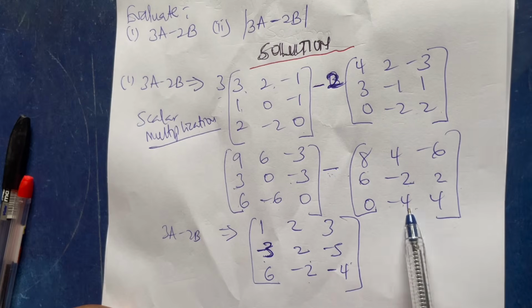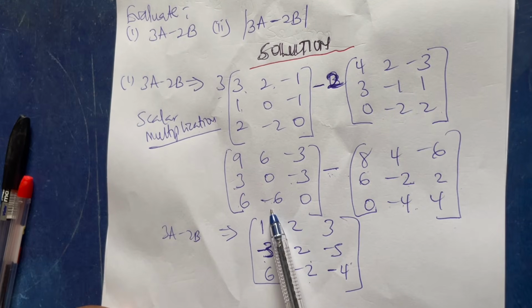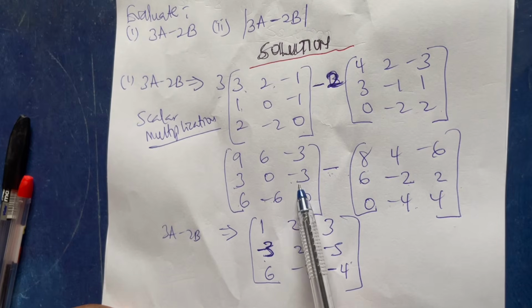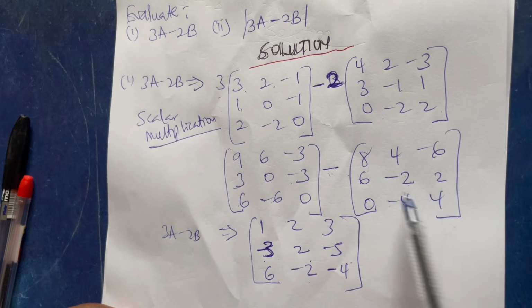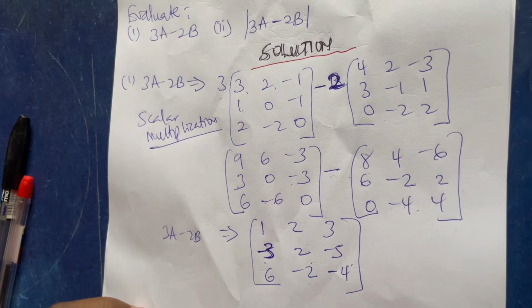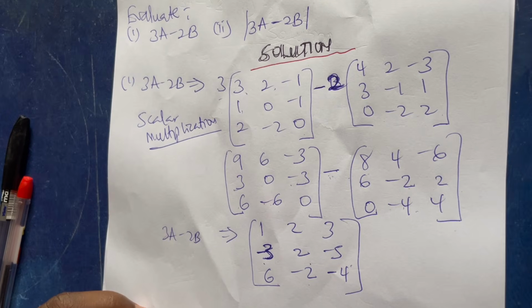Minus 6 minus minus 4, I have minus 2. Then 0 minus 4, I have minus 4. So it is perfect like that. So this is the answer for question number I.